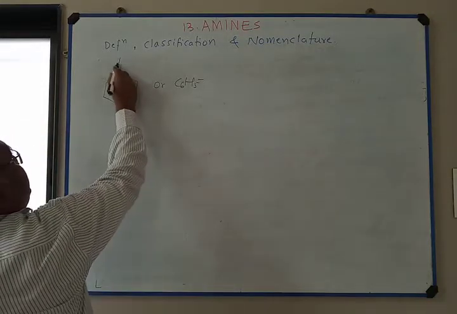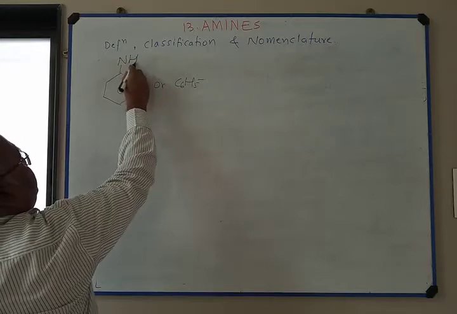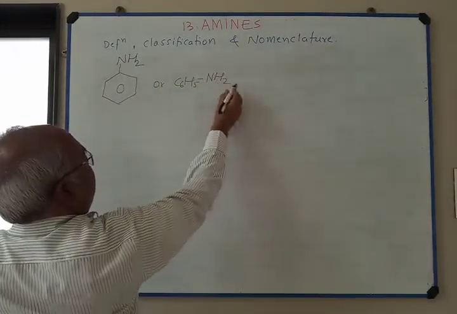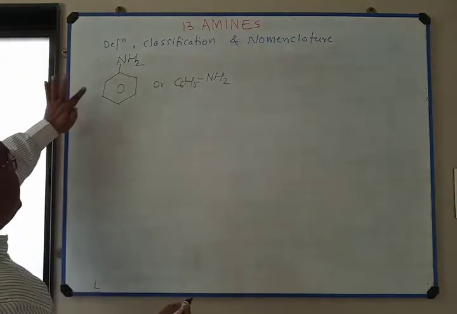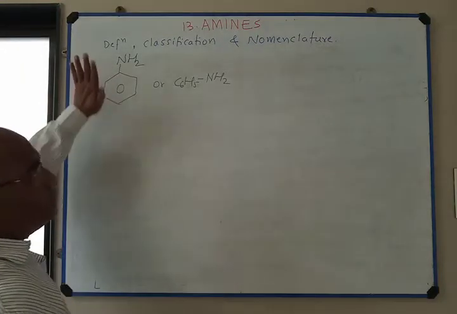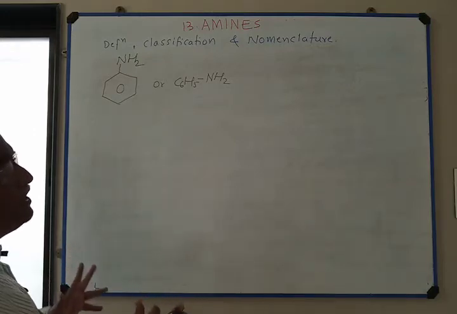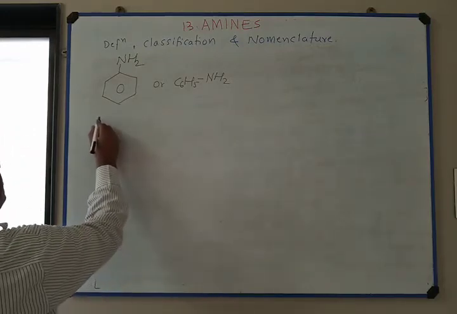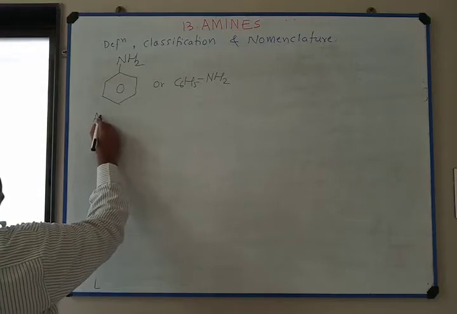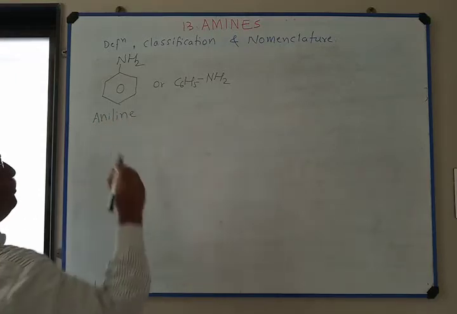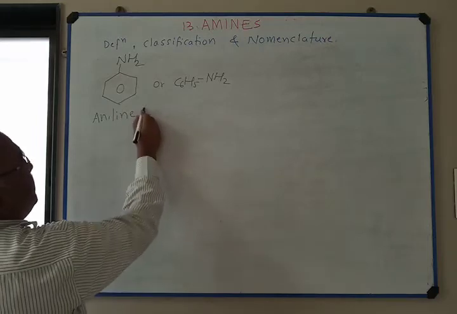Here NH2 group is present, C6H5NH2. This is an aryl derivative of ammonia, an example of aromatic amine. The name of the compound is aniline. This is its commercial name.